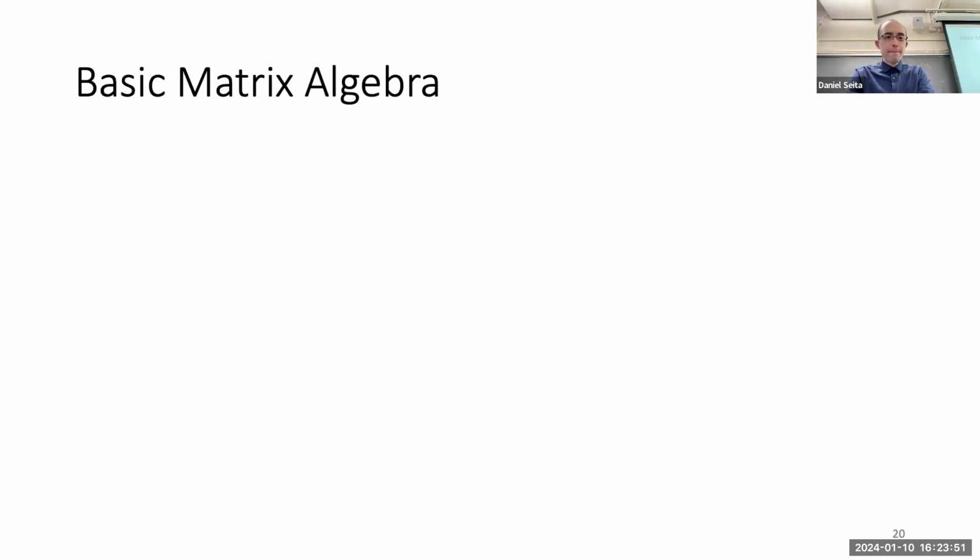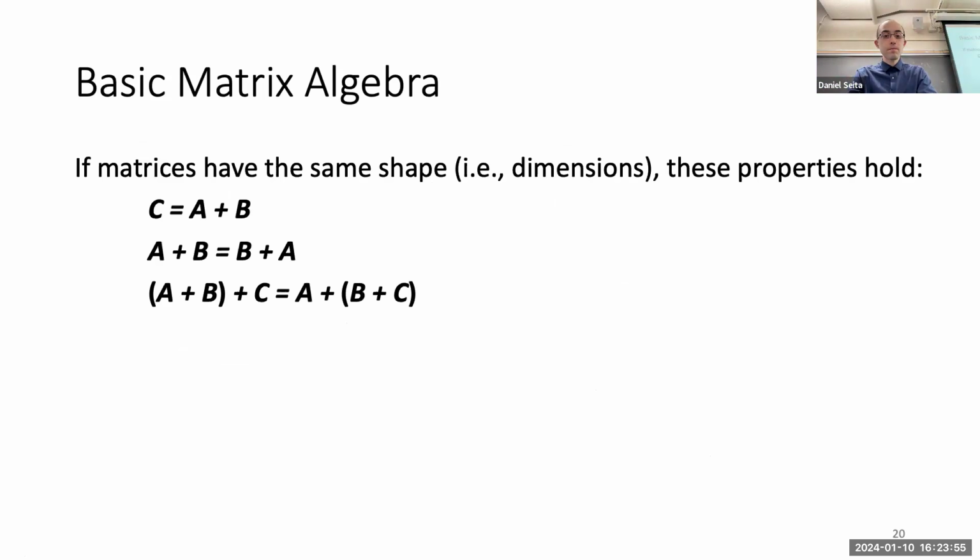And so that's the pattern that we need to see for a skew symmetric matrix. All right, so let's discuss some basic matrix algebra. If the matrices have the same shape, the same number of rows and columns, then A plus B is the same as B plus A. The intention is that if they're the same shape, you can do matrix addition.